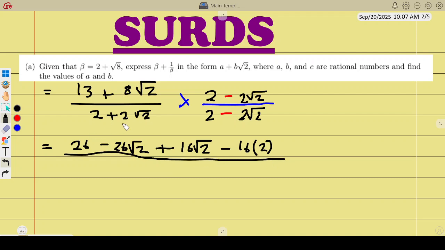Over, here this is the difference of 2 squares. We talked about this in the video for math mega tips. So 2 and root 2: you just square one thing and you square the other thing.